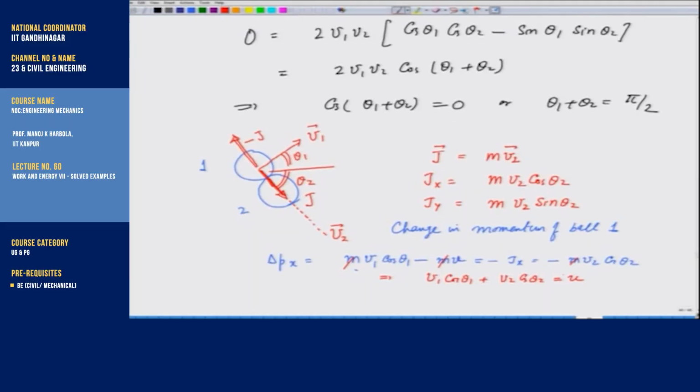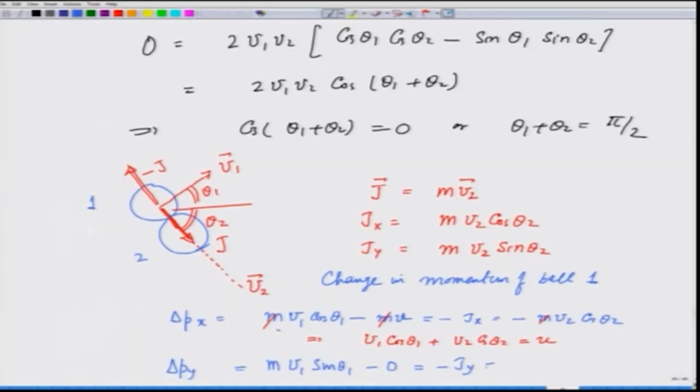Similarly, delta Py is equal to m V1 sine of theta 1 minus initial momentum which was 0, and this should be minus Jy, which is equal to minus m V2 sine theta 2, which gives you V1 sine theta 1 plus V2 sine theta 2 is equal to 0.